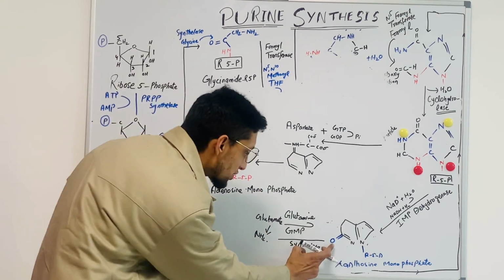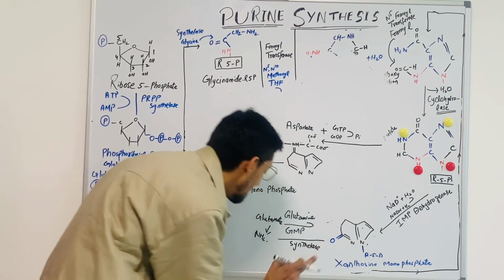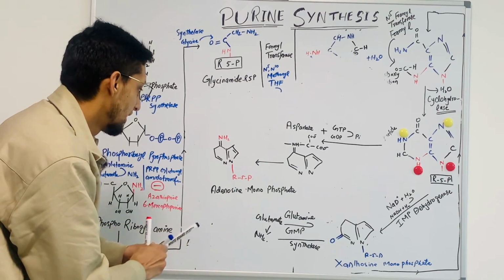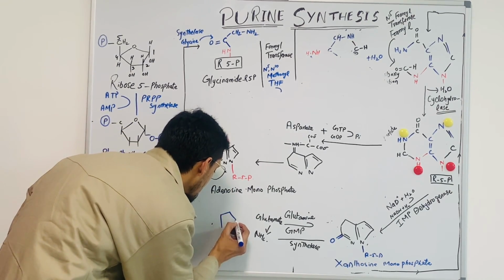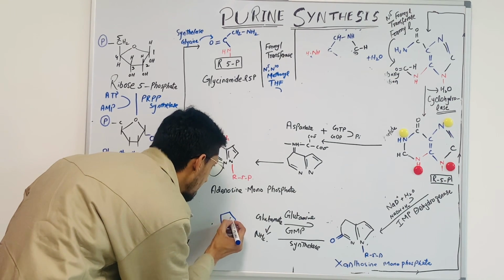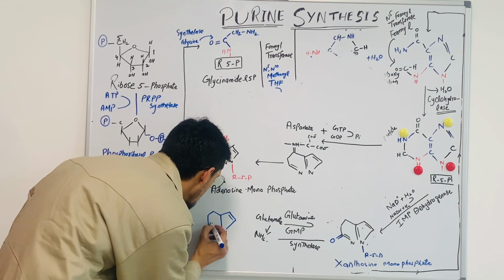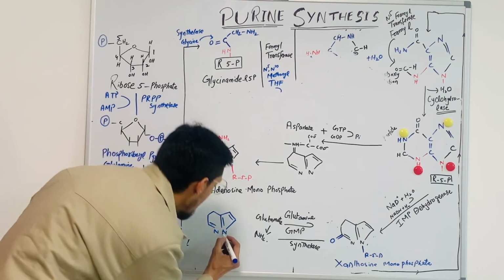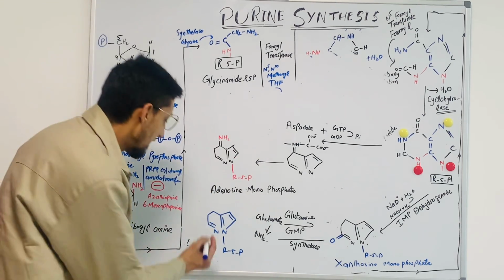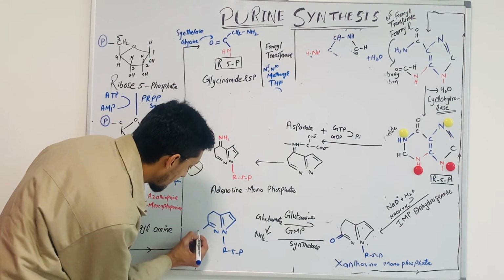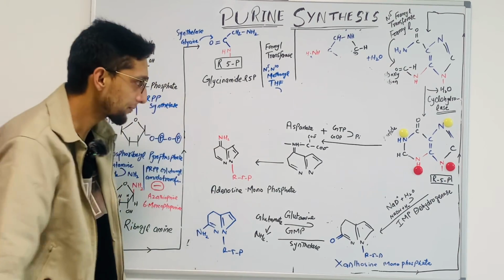Now to this portion, in the presence of this enzyme, this amine portion gets its attachment here in a way that now you can see nitrogen, there is a double bond, another nitrogen, there is a double bond, and there is a double bond, and to this there is our R5P attached. And now at this point, here is an attachment of NH2.